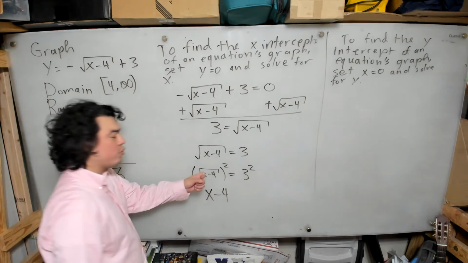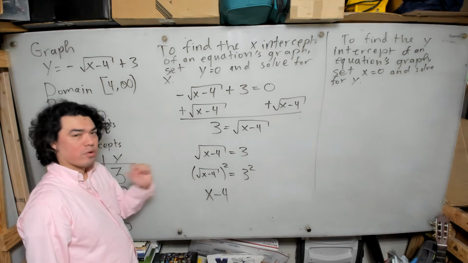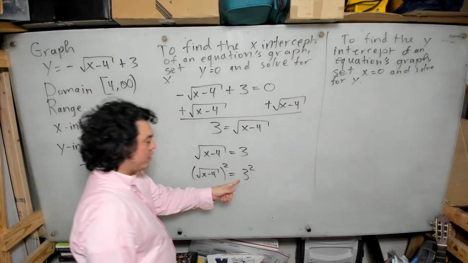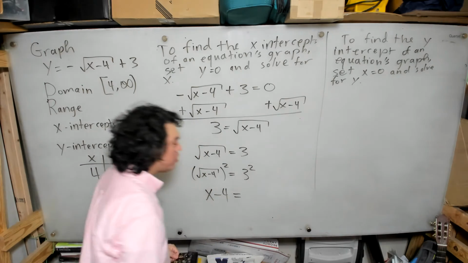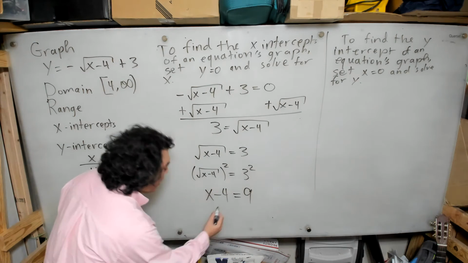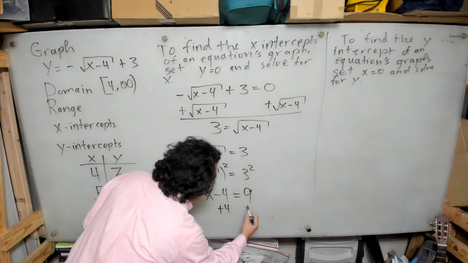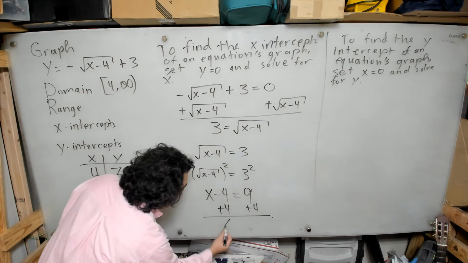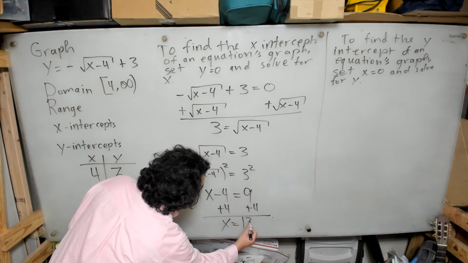In other words, when we square the square root, the square root goes away. What is 3 squared though? 3 squared, that's 3 times 3, that's 9. Aha. I add my 4 to the other side, and I get that x is equal to 13.